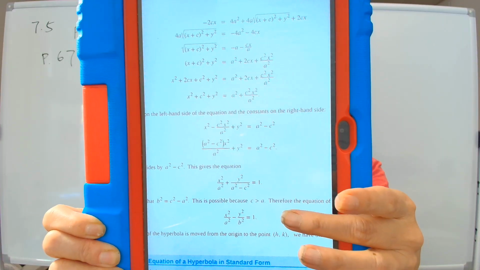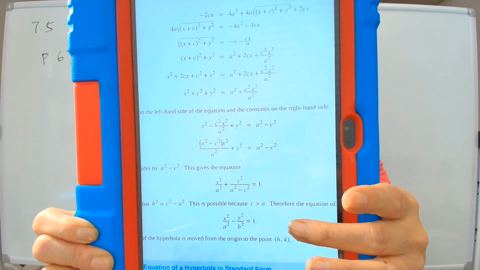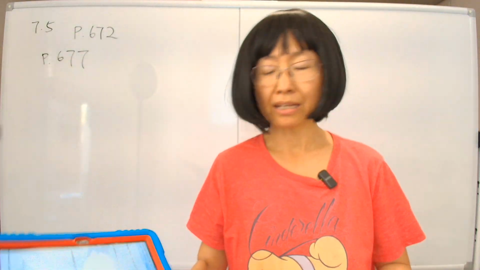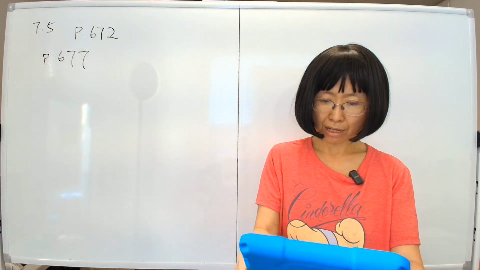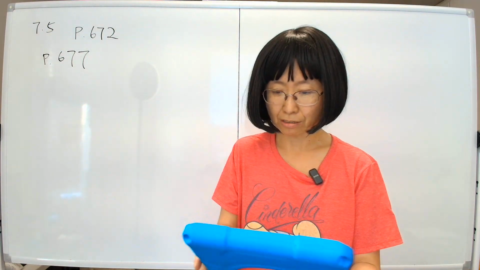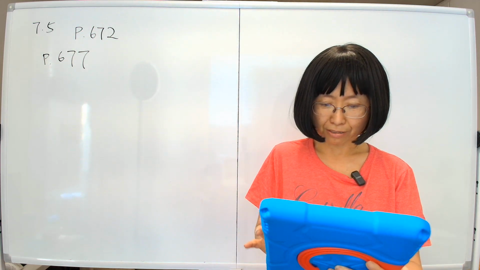See on the following page, very similar to the ellipse, except there's a subtraction sign there, and that is your hyperbola. All right, so I'm not going to have you do this as homework, because doing it once is enough. Let's not wear ourselves out here.